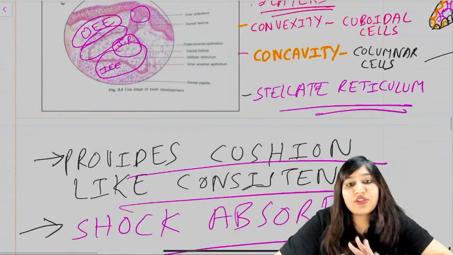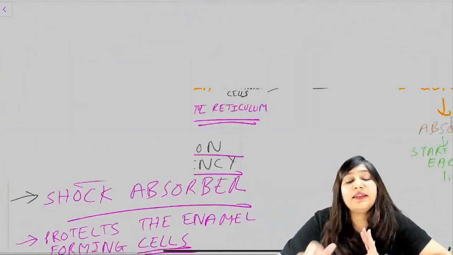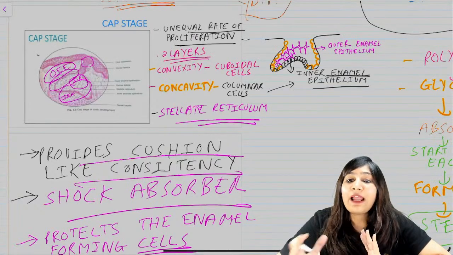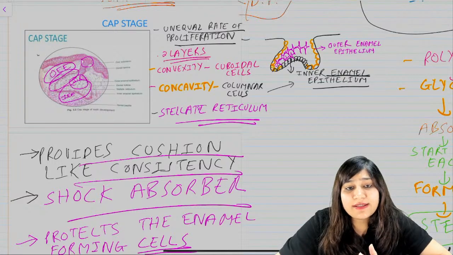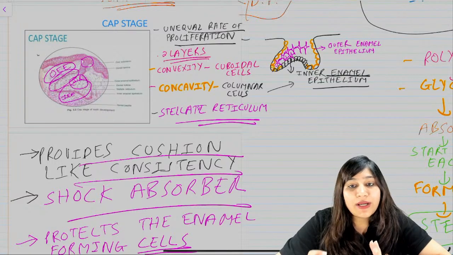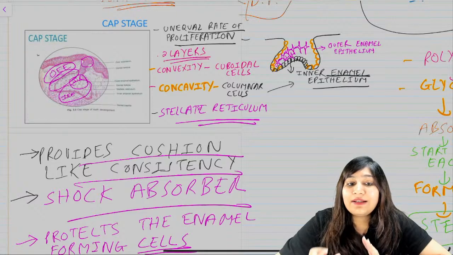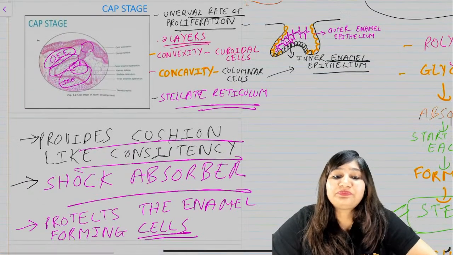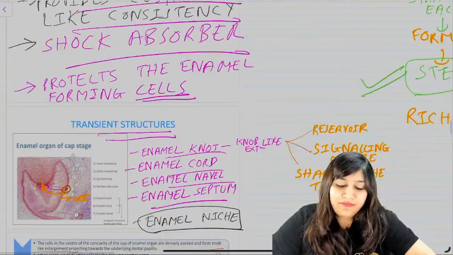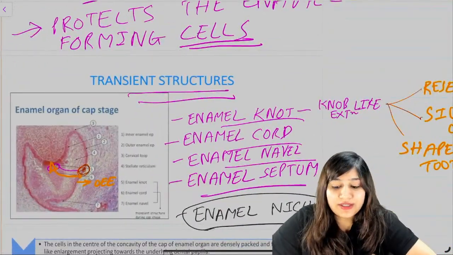So in cap stage, we have discussed the layers of the cap stage, how the stellate reticulum cells are formed, and what are its functions. Mainly it provides cushion-like consistency and it acts as a shock absorber because of the albumin present in it. And we have discussed the transient structures.